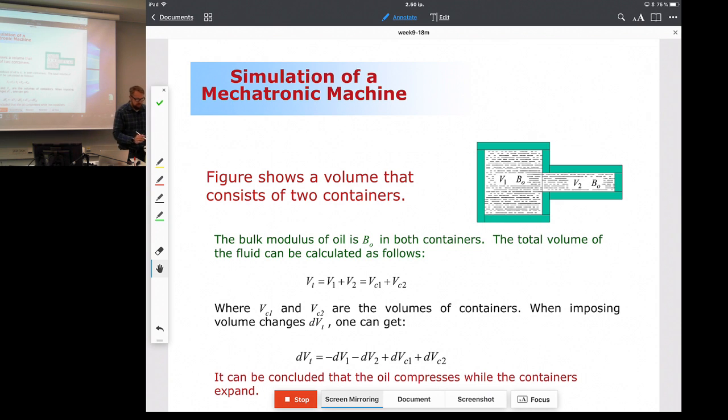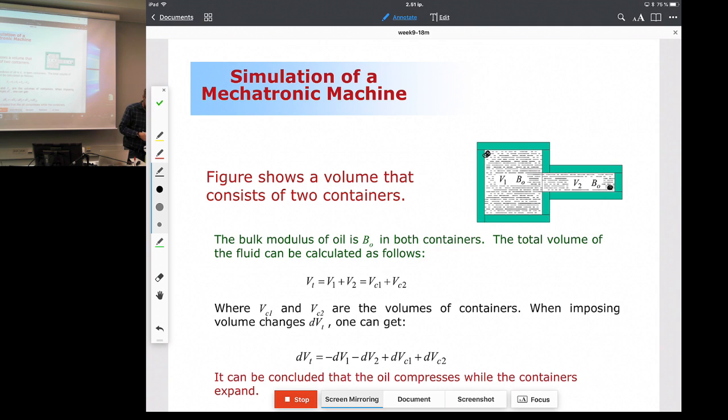What that means is that the pressure at the lower right corner of the first container will be the same as at the lower right corner of the other container. So there are no pressure losses when you look at the fluid within these two containers.